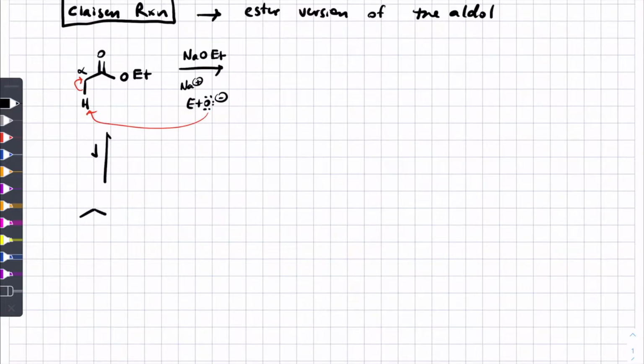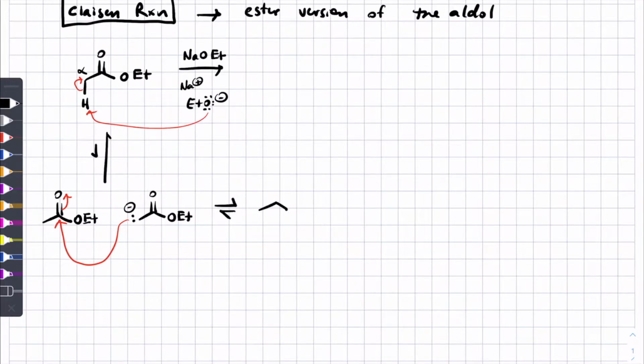We'll form a very small amount of ester enolate, just as we formed a small amount of enolate in the aldol reaction. And then this enolate will attack another molecule of ester that's so far not been deprotonated.